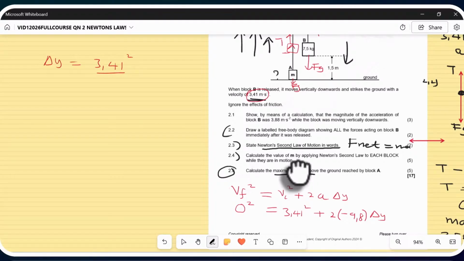But because I want above the ground, the maximum height of block A is going to be the 0,59 meters plus the original 1,5 meters when it was still connected with block B. So when I add these two, I am getting 2,09 meters above the ground.